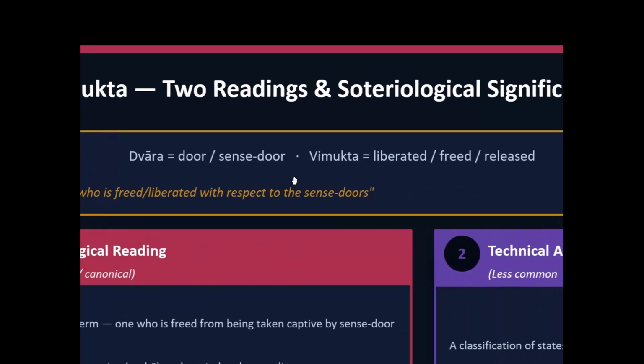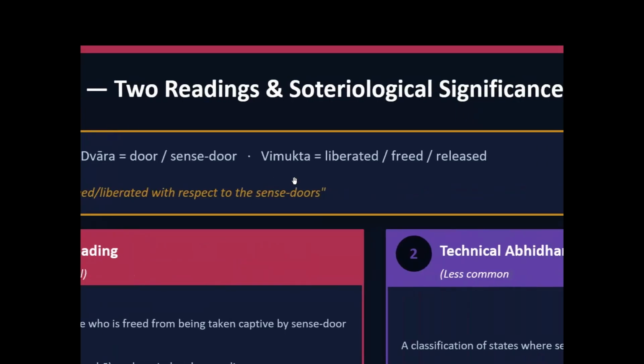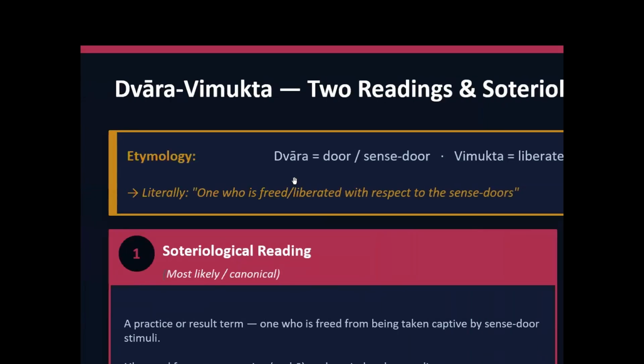Then Vimukha means liberated, or freed, or released. I mean to detach from your sense door. This is what meditation is about, to detach. So literally the meaning is one who is free or liberated with respect to the sense door.